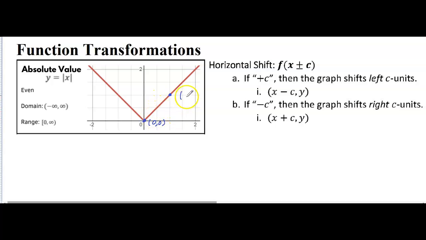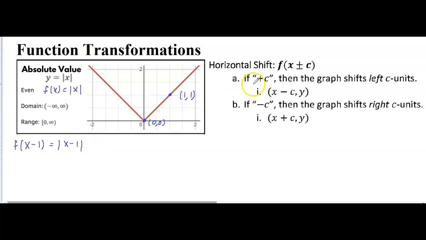And this one is 1, 1, and we're going to first try to talk about what a horizontal shift is and how that applies. So let's think of this function as f of x is equal to the absolute value of x, and for the horizontal shift to occur, we're going to find f of x minus 1, just to keep it simple, which means we would have x minus 1 in here.